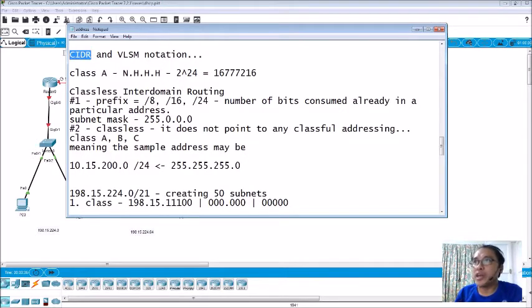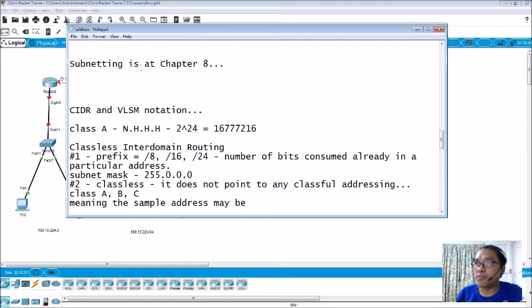So we will be using CIDR and VLSM notation, maybe in the next activity. CIDR is a precursor of the VLSM notation, so we must understand how CIDR works. CIDR is classless inter-domain routing, which is totally different from what we call subnetting.